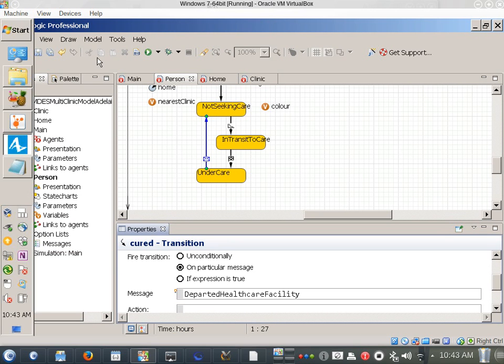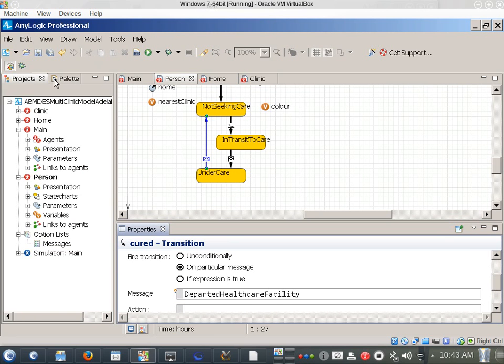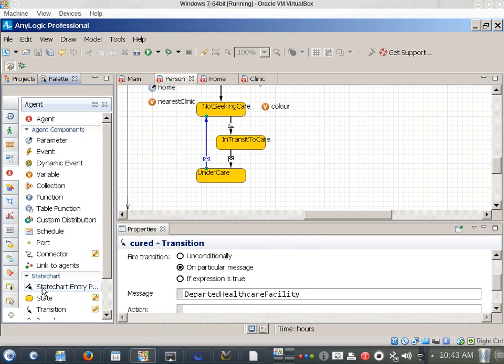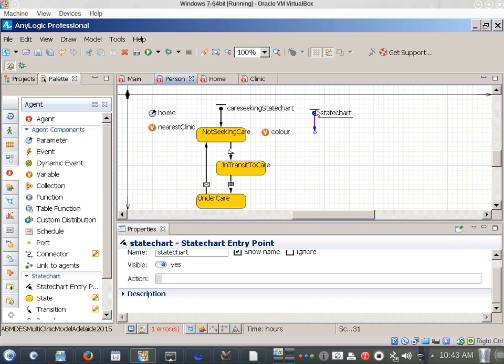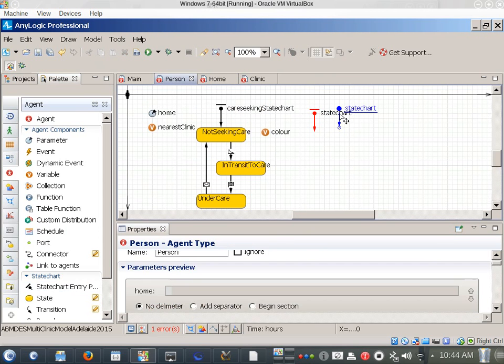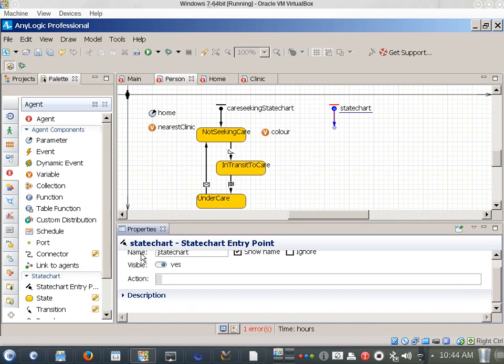Okay, so folks, this state chart is associated with care seeking. We're going to add one more state chart associated with their underlying health state. This is the one I had started earlier, but had renamed. So this is going to be the health state chart, and there's going to be two states in here.